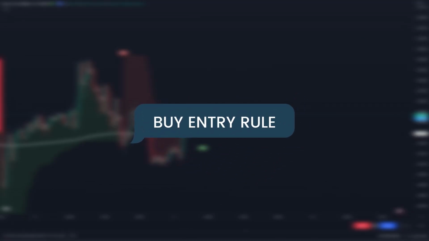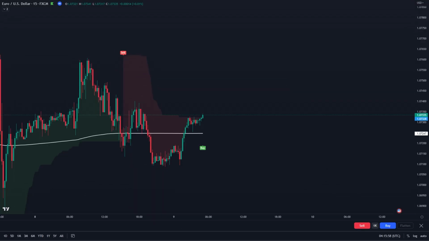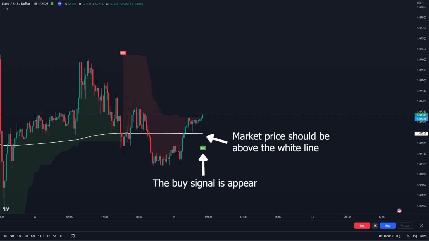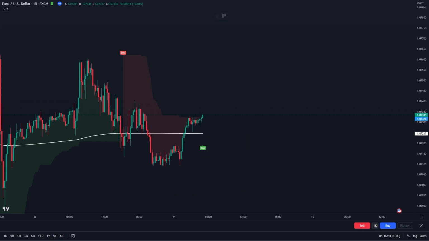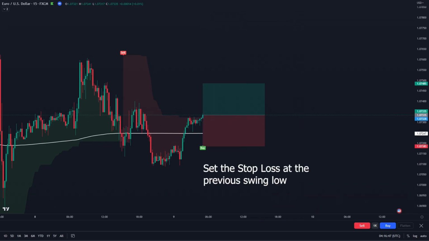This is the example for doing a buy order. You can see in the chart, the market price should be above the white line. Then the buy signal appears on the Supertrend indicator. With this condition, you can place a buy order. Set the stop loss at the previous swing low.